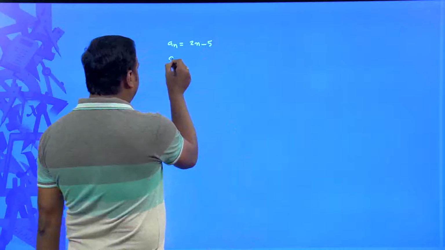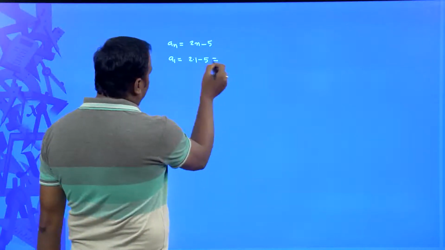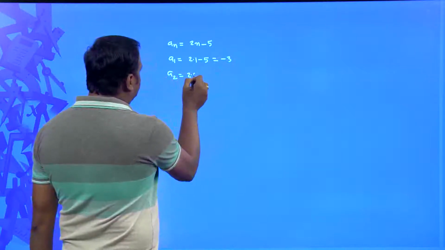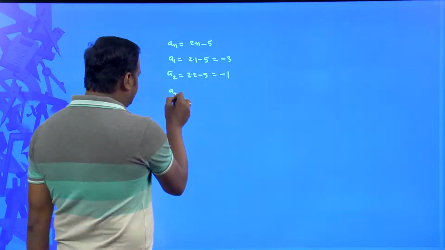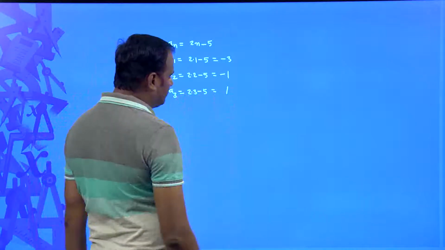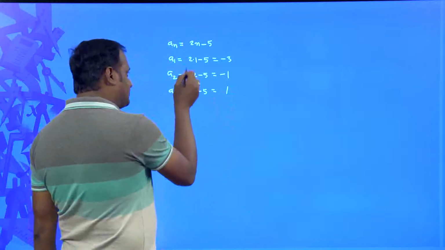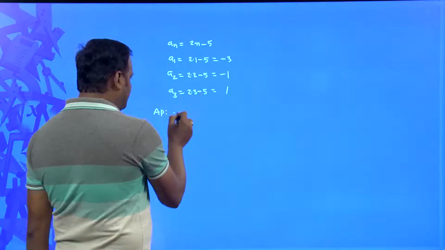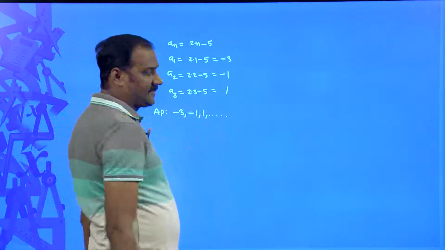So, the terms are a1 is equal to 2 into 1 minus 5, so 2 minus 5 is equal to minus 3. a2 is equal to 2 into 2 minus 5, 2 2s are 4, minus 5 equal to minus 1. a3 is equal to 2 into 3 minus 5, 2 3s are 6, minus 5 is equal to 1, and so on. So, the sequence of terms, that is, the arithmetic progression, is going to be minus 3, minus 1, 1, and so on.